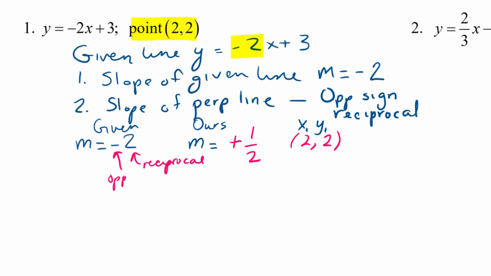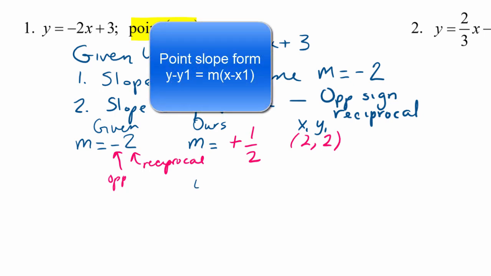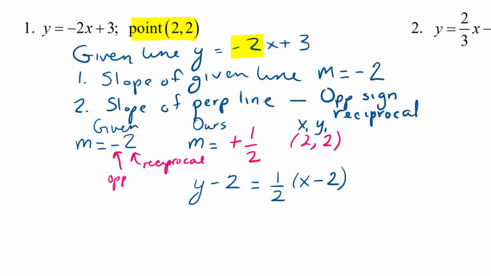And now we're going to use our point slope form, so we get y minus 2 equals 1/2 times x minus 2. So that's our point slope form. Just a reminder to you that that one looks like y minus y1 equals m times x minus x1. We've been doing several videos worth of work on that, but here it is.